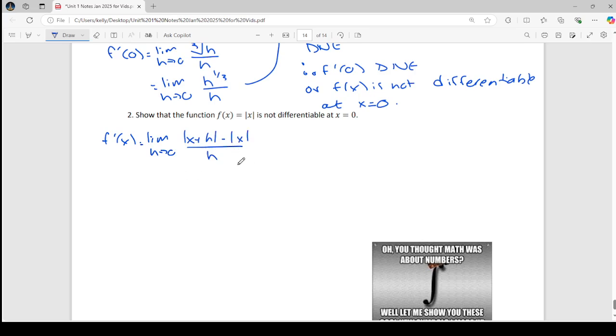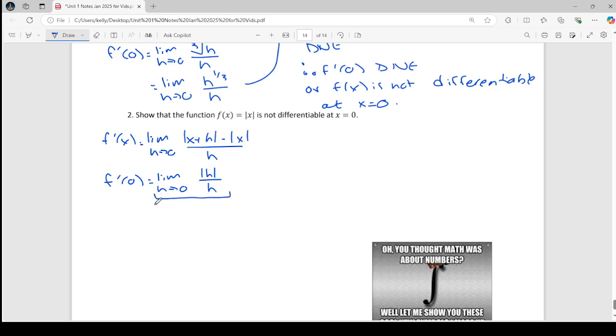We have no skills for being able to clear up absolute value signs, so let's just right away plug in the 0 for x, and you'll get the absolute value of h over h. Now we're trying to find a limit of this function. We don't know how to find the limit of this function, so a strategy that we have is to do the left side and right side limit and see if this limit exists.